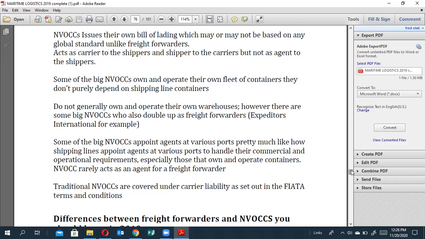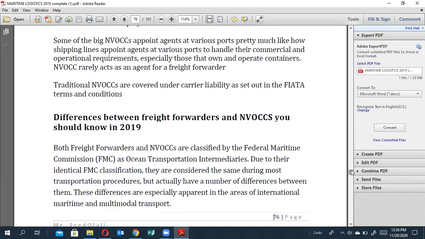So an NVOCC rarely acts as an agent for a freight forwarder. Now, traditional NVOCCs are covered under the carrier liability as set out in the FIATA terms and conditions.